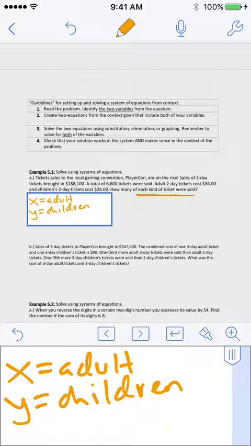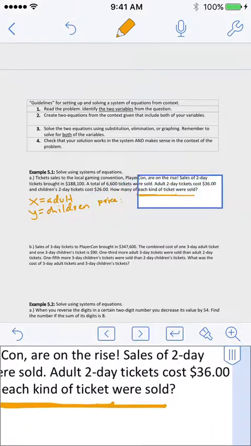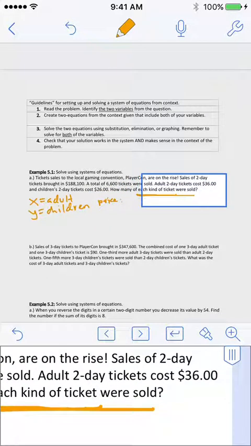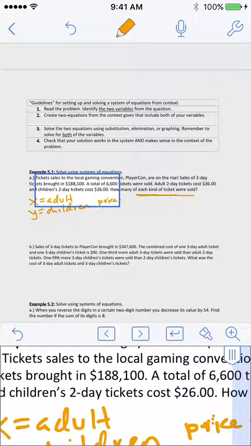Now from there, I need to come up with 2 equations about these tickets, right? And they may not look like it, but they've given me enough information to say 2 things. The first thing I can talk about is the total price, the price of the tickets. The adult tickets cost $36, and the children's tickets cost $26.